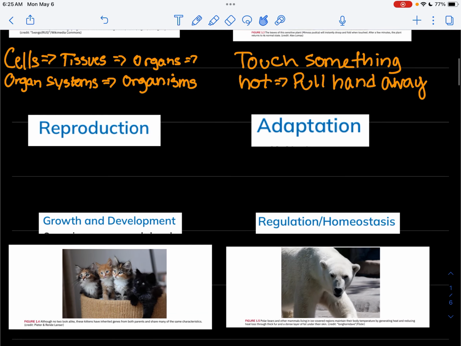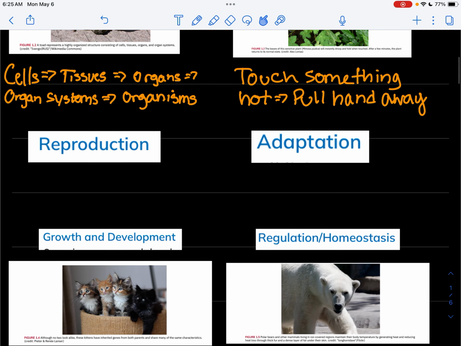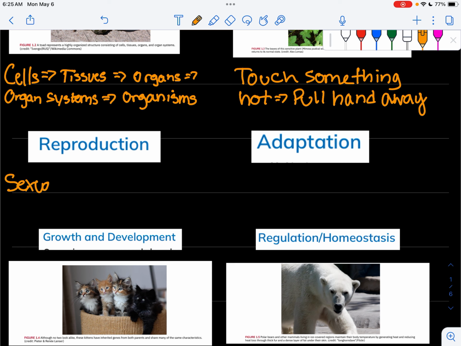Perfect. No diagrams to support these next two, but the third one is reproduction. To be considered living, you need to be able to reproduce. And that can be a couple of different types of reproduction. So it can be sexual or asexual.